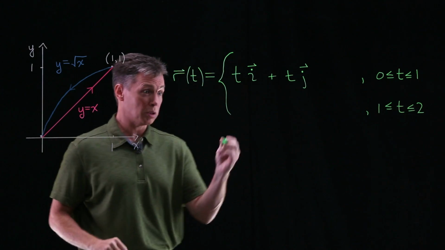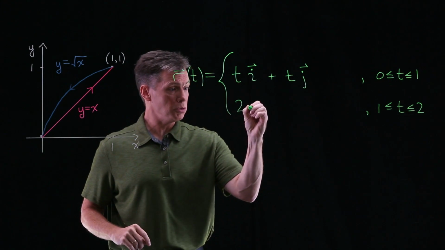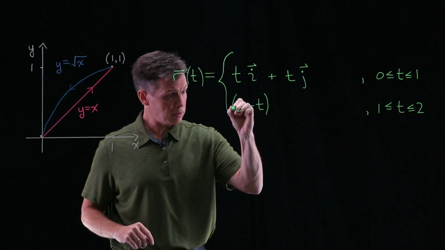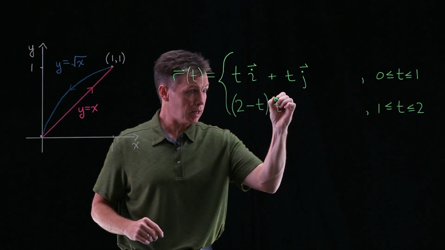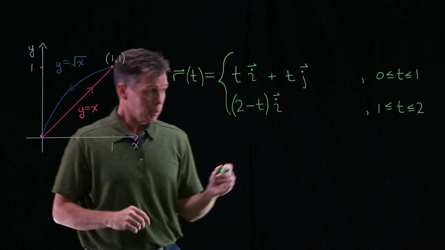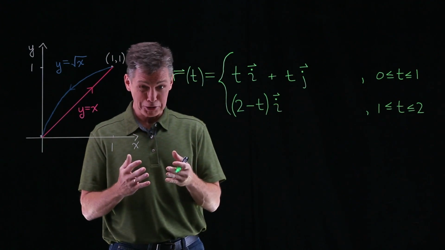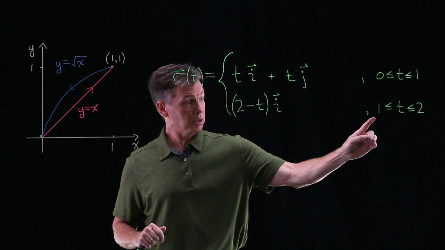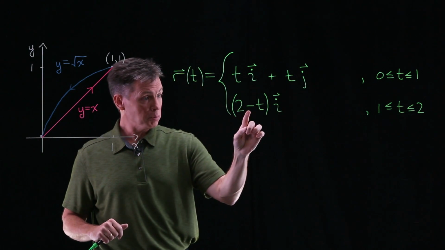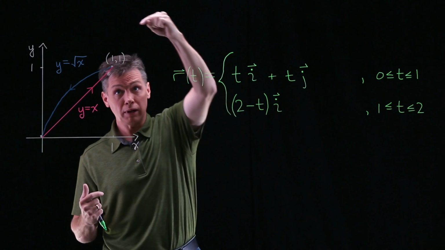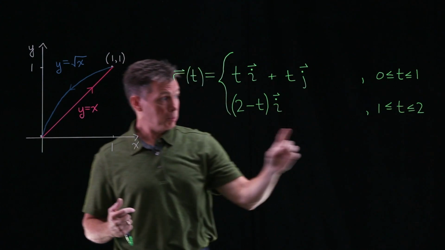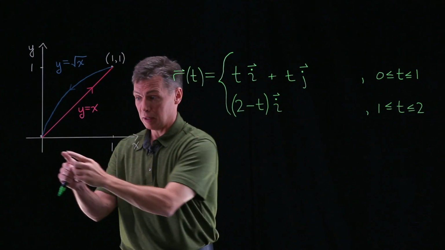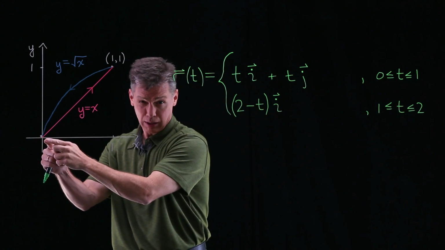I think this works if I do 2 minus t and make that the coefficient of that i vector. What else I'll suggest is you check yourself pretty frequently and see if that does make sense to you, if it does work. So if I put in my 1 for t, 2 minus 1 is 1, that's where I wanted x to start. If I put in the 2 for t, 2 minus 2 is 0, and that is where I wanted the x to end.